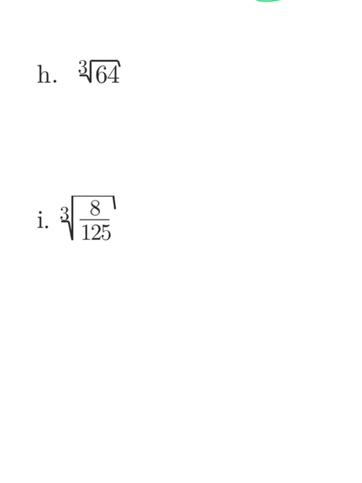All right, let's try the cube root of 64. So 64, if I factor this, I get 64 is equal to 8 times 8. 8 is equal to 2 times 4. 4 is equal to 2 times 2. Same thing on this other one.